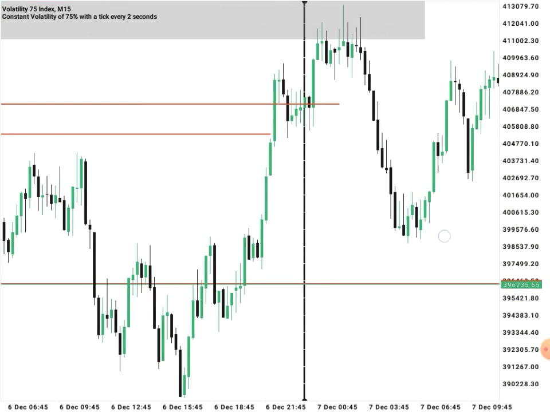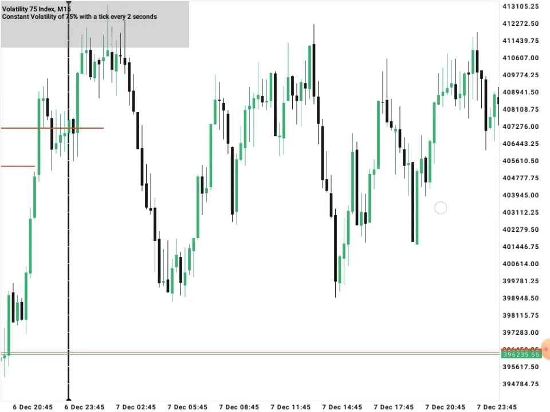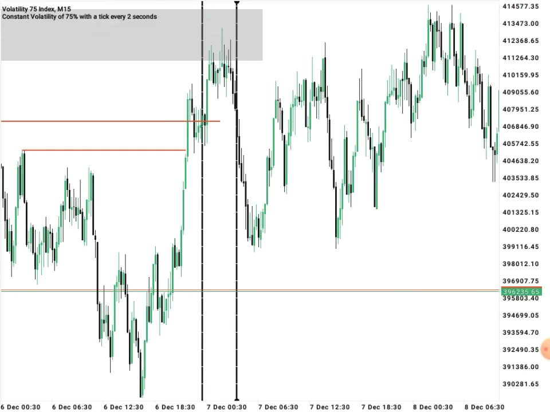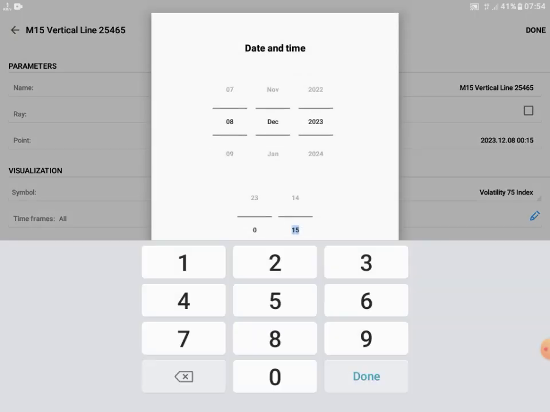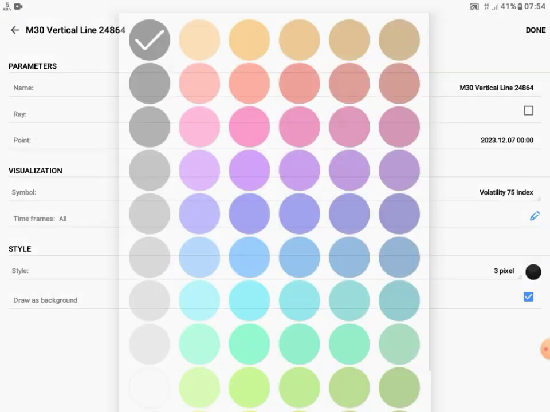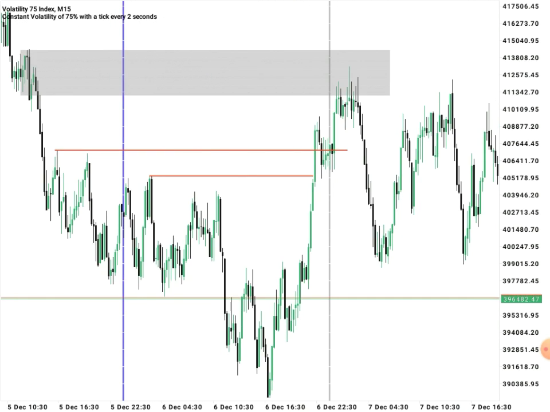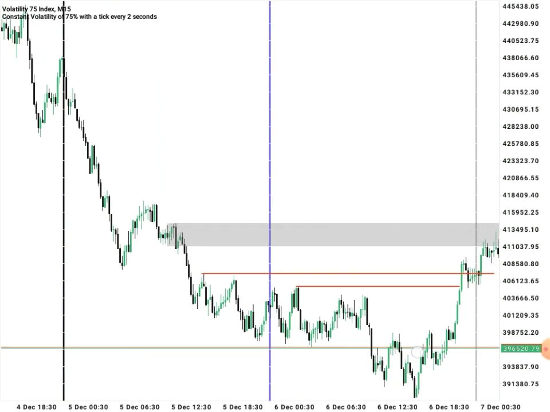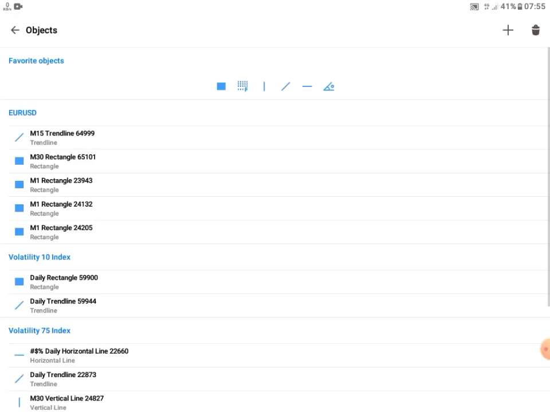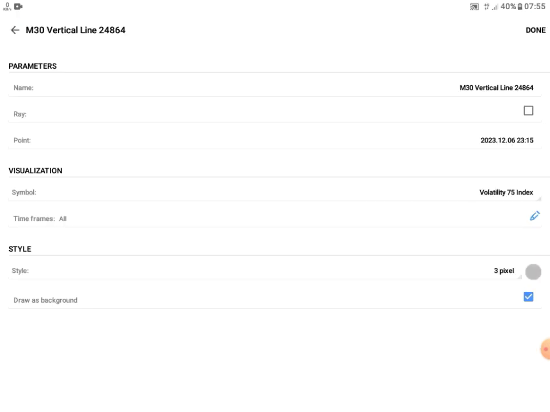Okay, so as you can see, I am just backtesting, seeing what was happening in the last 2 days, what price was doing. That's what I was doing, marking out the liquidity that was collected by the market, and then the market continued going downwards after hitting that order block.